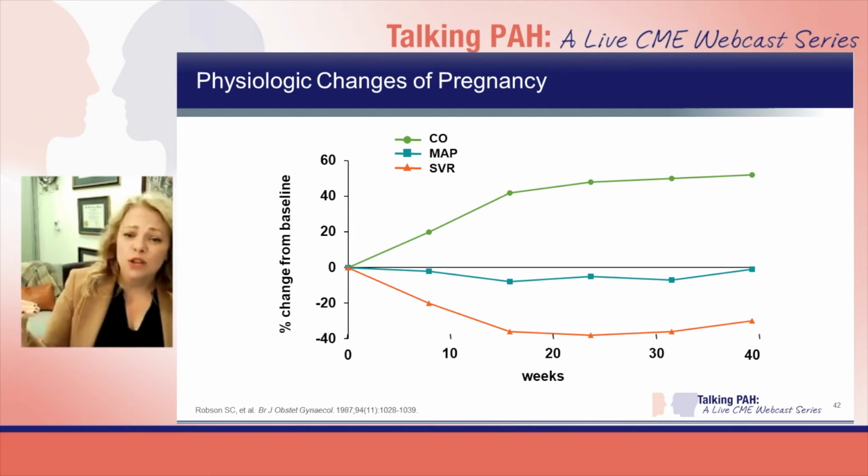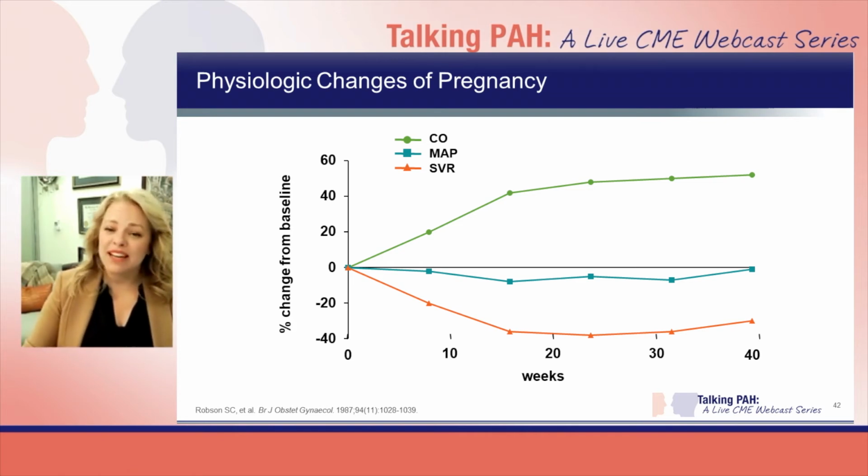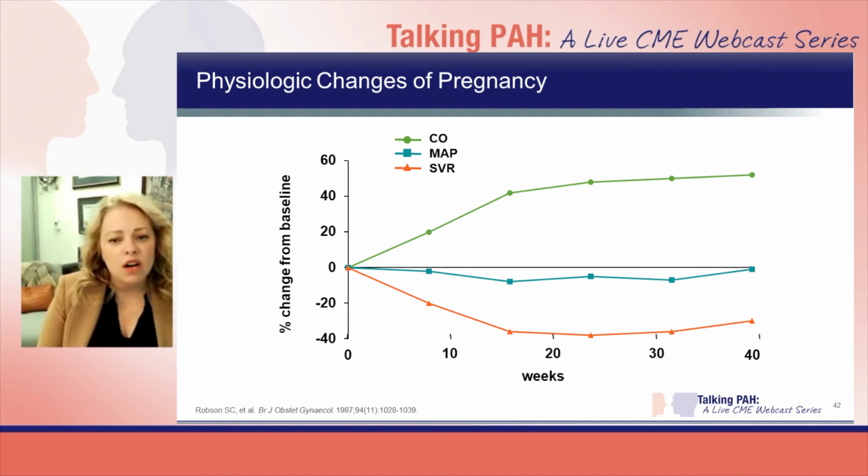Cardiac output increases in your normal female who's pregnant. However, many of our patients with pulmonary hypertension are cardiac output limited. So now there's increased demand on that right heart without the ability to increase cardiac output. Also, mean arterial pressure falls, and so does systemic vascular resistance in the normal pregnant patient.